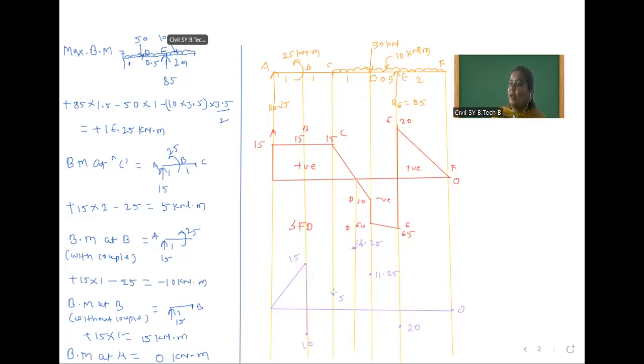Up to this C point, the diagram is linear, and after that the whole diagram is parabolic.